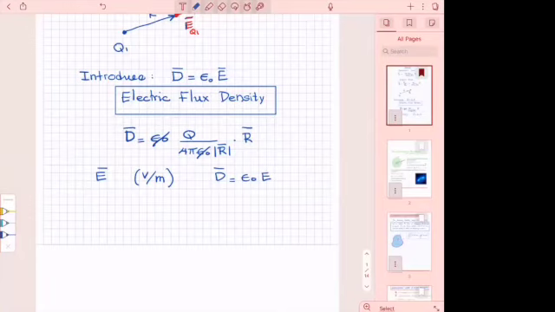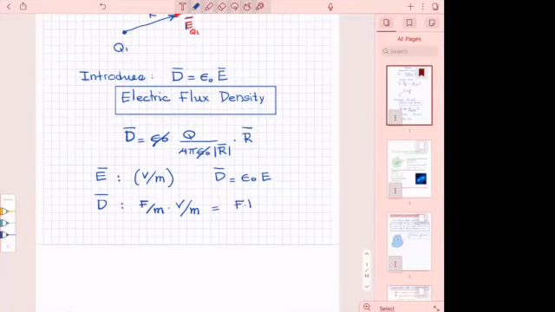I should probably put this one for units. Then D, in terms of units, will be farads per meter times volts per meter.